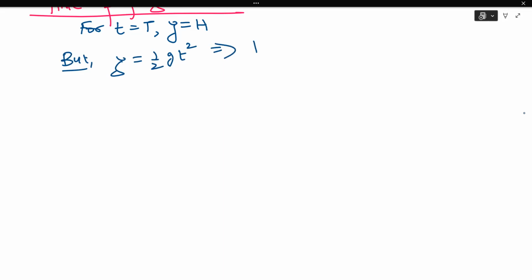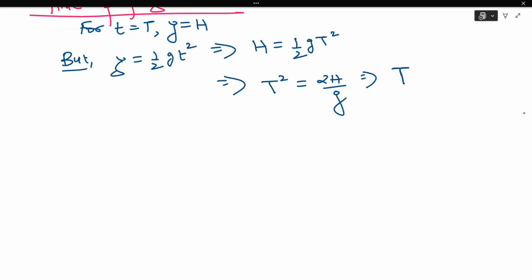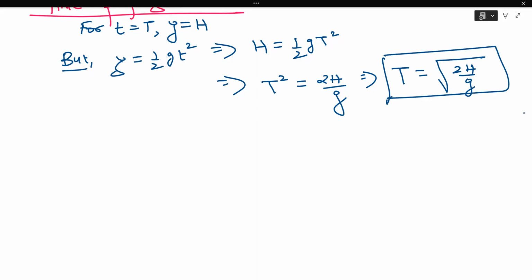That means we can say h will be equal to half g into capital T square, meaning capital T square will be 2h upon g. That means T will be root over 2h upon g. Is that clear?